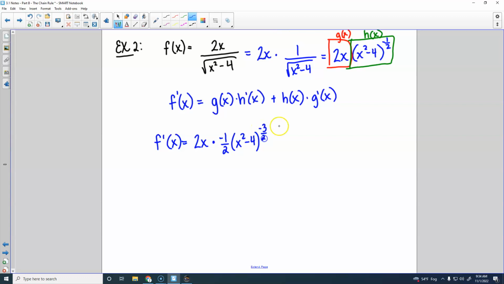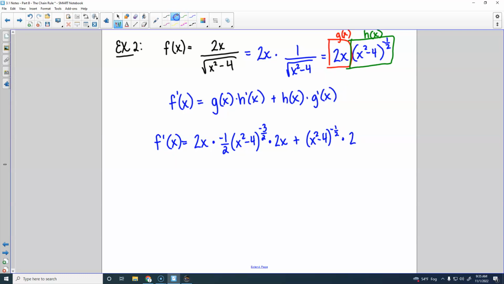We're subtracting 1 from the exponent, but what do we have to multiply that by? 2x, the derivative of the inside, which is x squared minus 4. Plus, we have to have h of x, which is x squared minus 4 to the negative 1/2, times g prime of x, which is just 2.